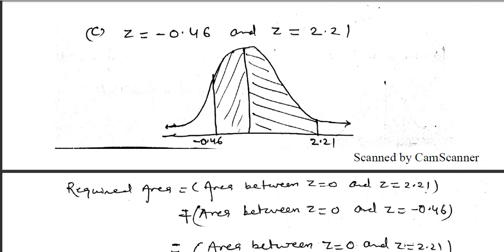This normal distribution figure shows that we have to find the area between z equal to 0 and z equal to 0.46, and after that we calculate the area from z equal to 0 to z equal to 2.2, and the required area is the area between z equal to 0 and z equal to 2.2 plus the area between z equal to 0 and z equal to minus 0.46.